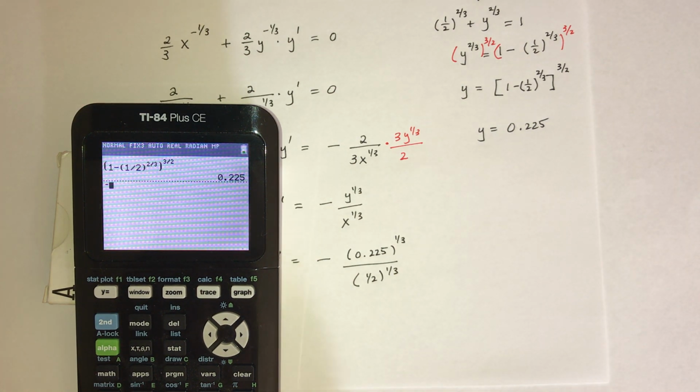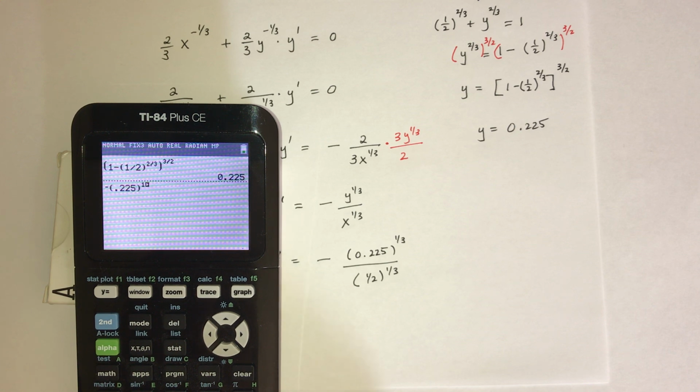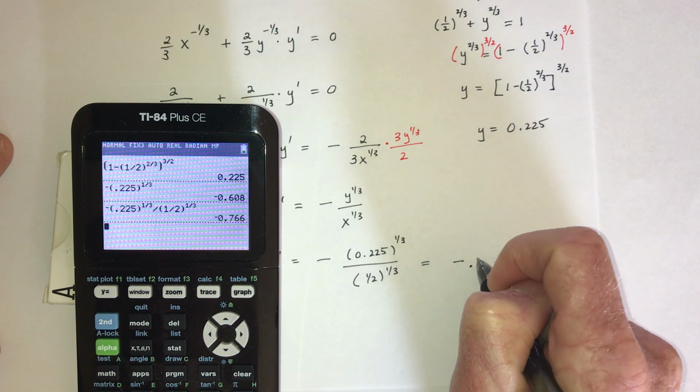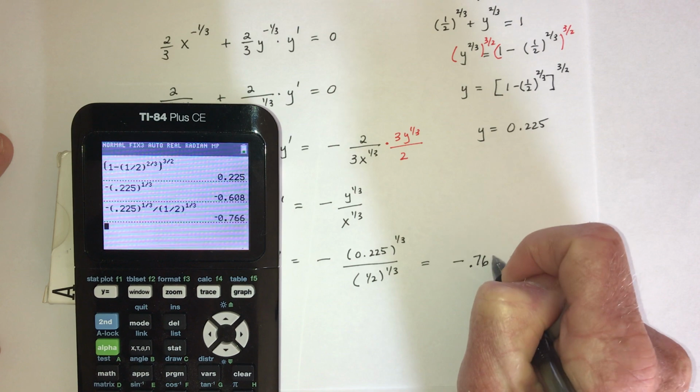So we've got negative 0.225 raised to the 1/3. Oops, I didn't mean to hit enter. And then divide that by 1/2, which is raised to the 1/3. And there we have the final answer. The derivative equals negative 0.766.